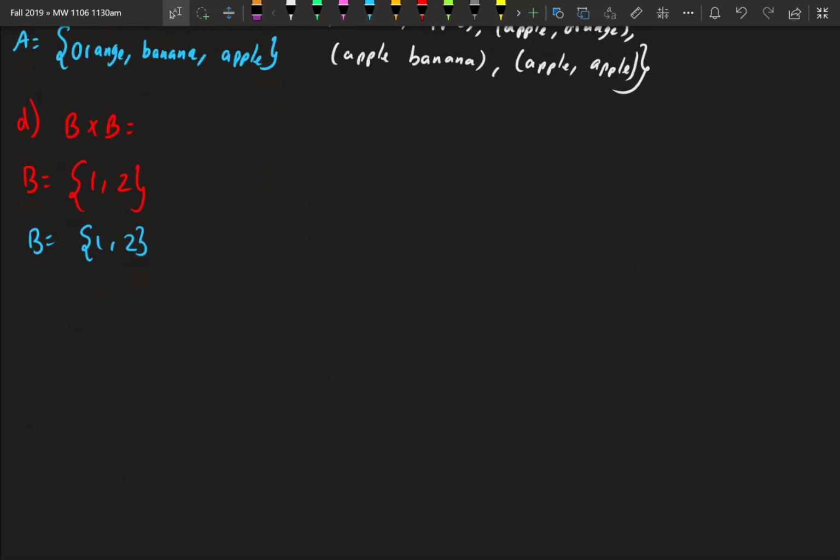Where's it go? 1, 1. 1, 2. 2, 1. And 2, 2. Another fun thing to say. And that's it.